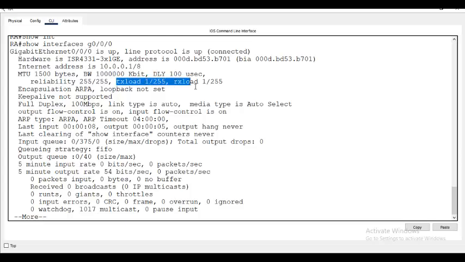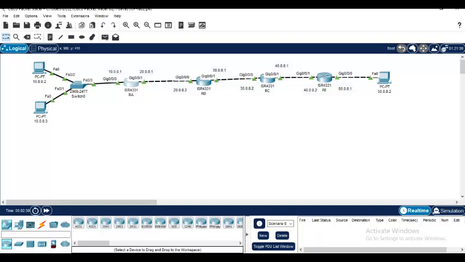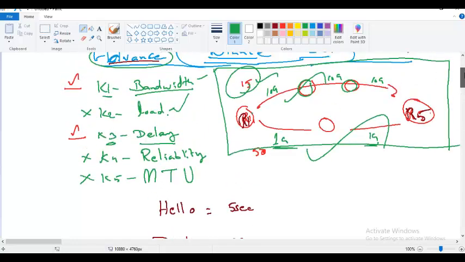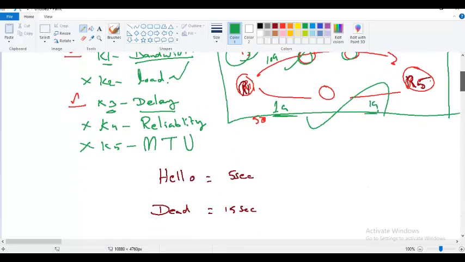So if you do it on one router, not enough. You have to do it on every router. Otherwise, they won't form neighbor. K values must match to form neighbor. So don't change the K value. Let it be K1 and K3, which is default. But I don't think there is a situation like that in the real world. In case there's a situation where you want to consider MTU also, then you can go and turn it on.